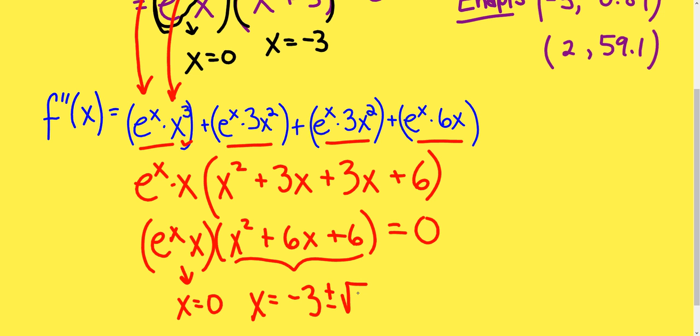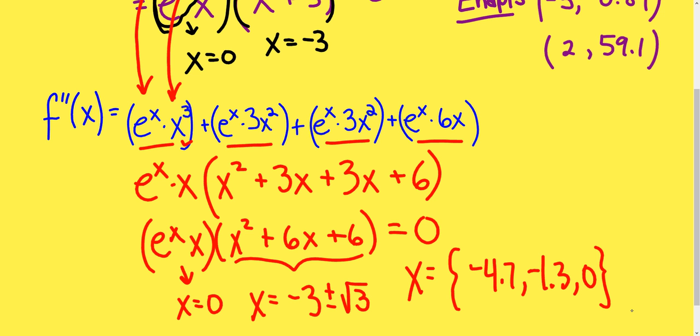I'm not going to go through it, but I found the x's and I'm going to put those into decimals. I had -4.7, somewhere around there, and -1.3, and a 0. These are possible points of inflection, not guaranteed. It's a list of possible points of inflection.